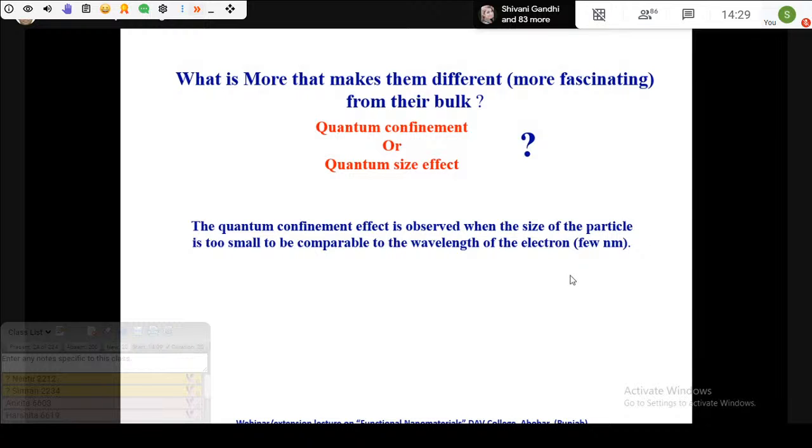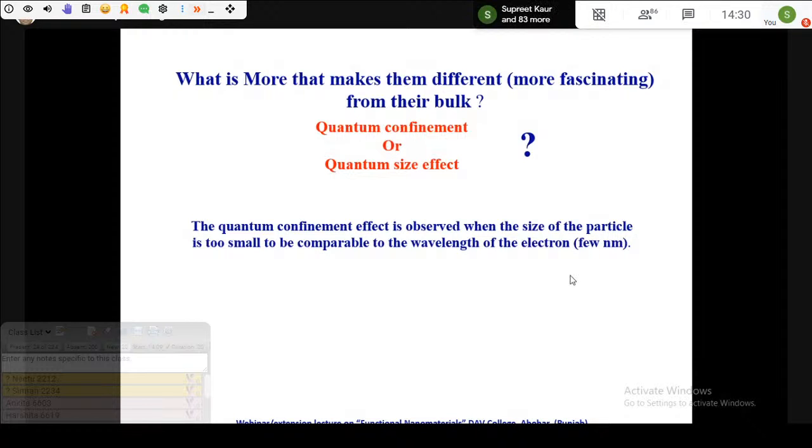If you remember when I was stressing the dimensions, either 1 or 2 dimensions are in nanometer. Suppose we talk about 1 dimensional, then at least 2 dimensions are in nanometer range and 1 dimension is out of nanometer range. So it means this quantum confinement would be there.